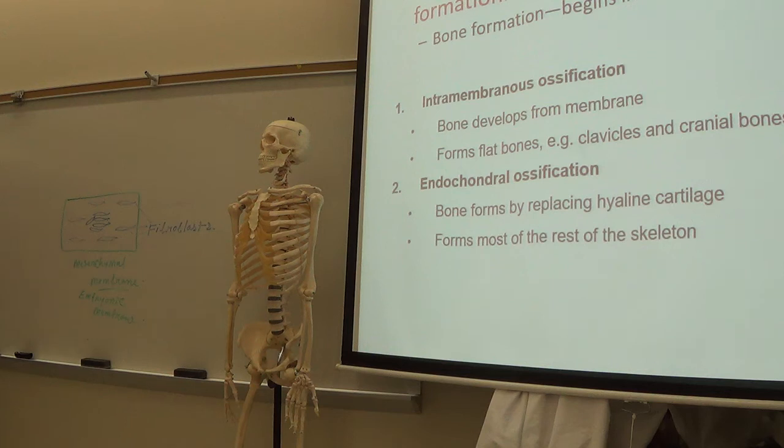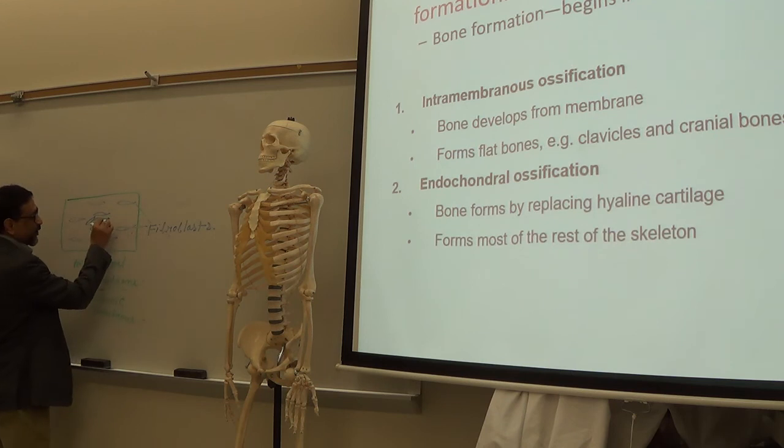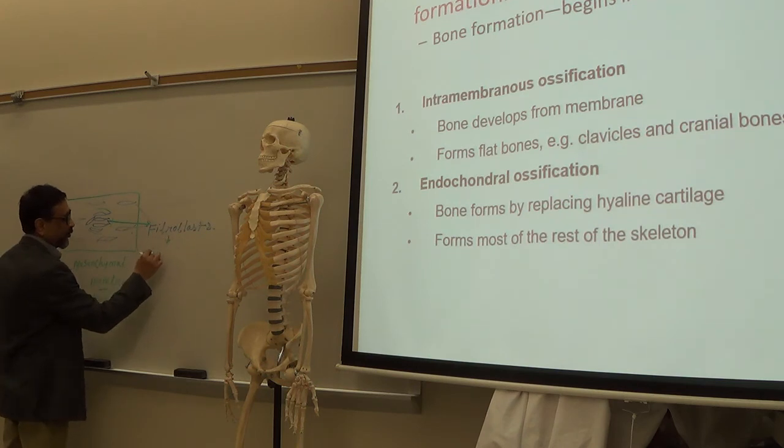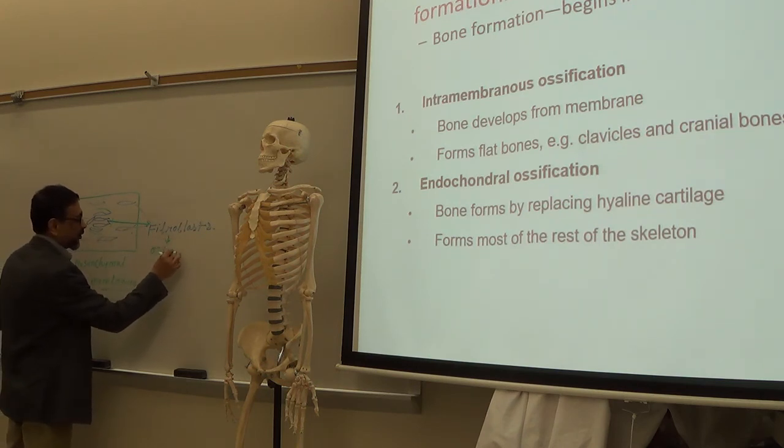So what happens? First, some fibroblasts in the center of the mesenchymal membrane are converted to osteoblasts. So these fibroblasts, those are in the center of the membrane, will be converted to osteoblasts.